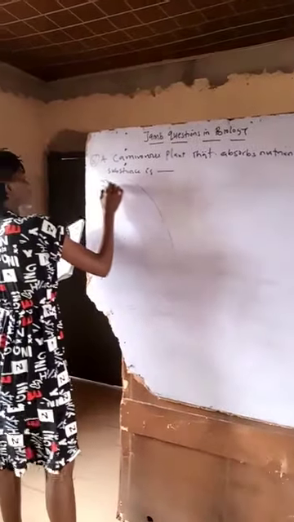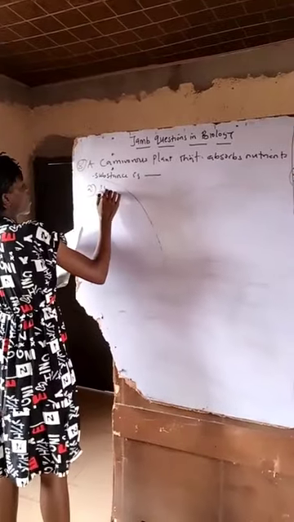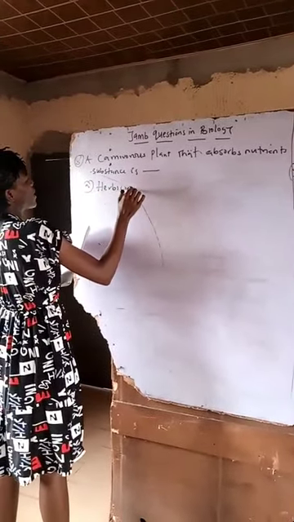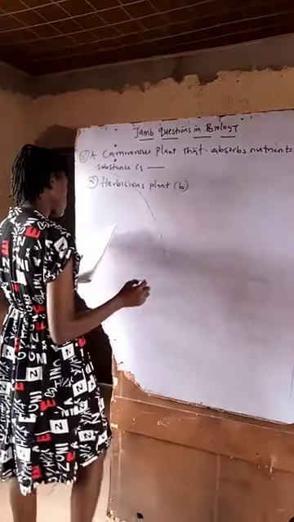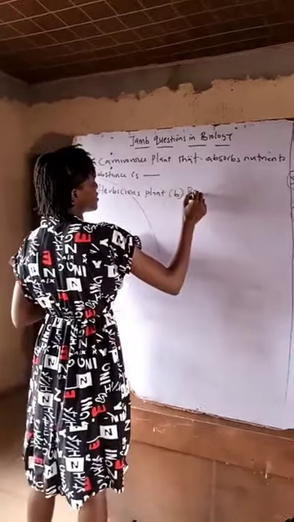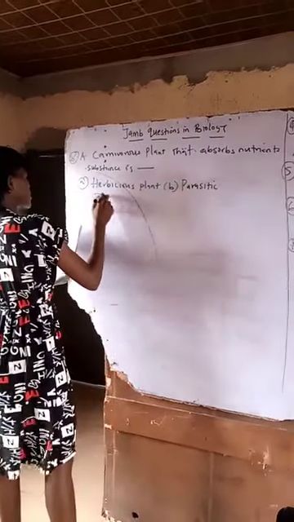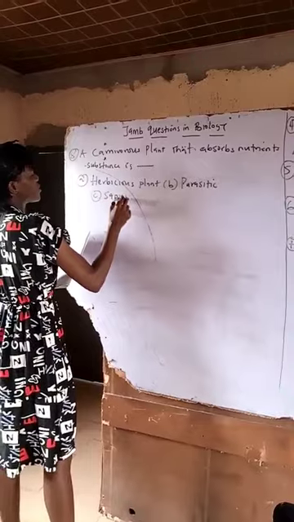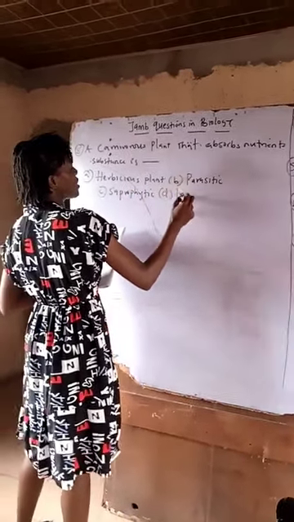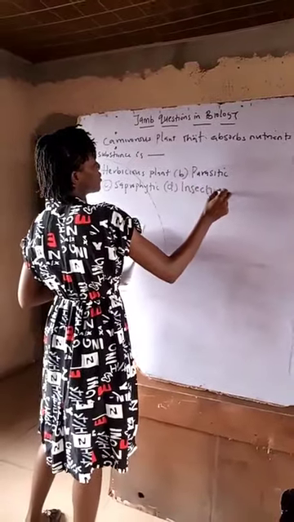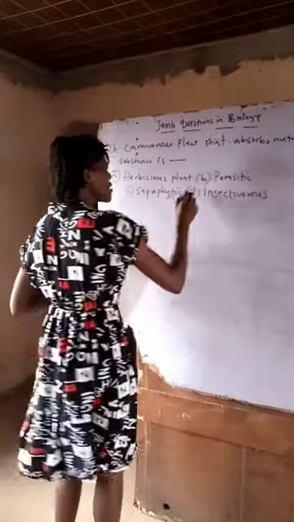A, the roots are herbaceous plants; B, the roots parasitic; C, the roots saprophytic; D, the roots insectivorous. The answer is what? Insectivorous.